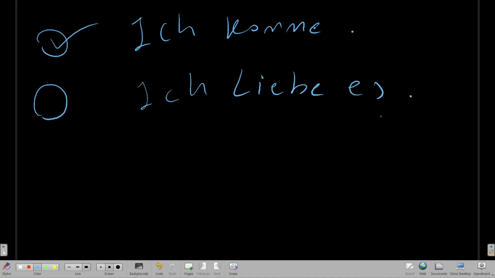Now we've got an object here too. Again, we're not in the word order part. I'm just saying that the verb has to be in the second place of a sentence. First part, second part, third part. The verb has to stay in this place, which is the second row, not the column, I mean.